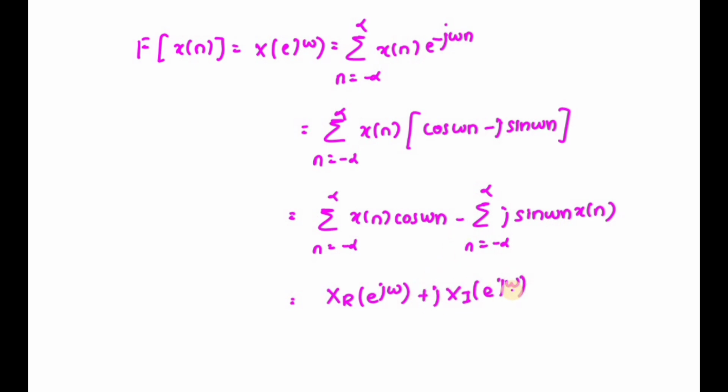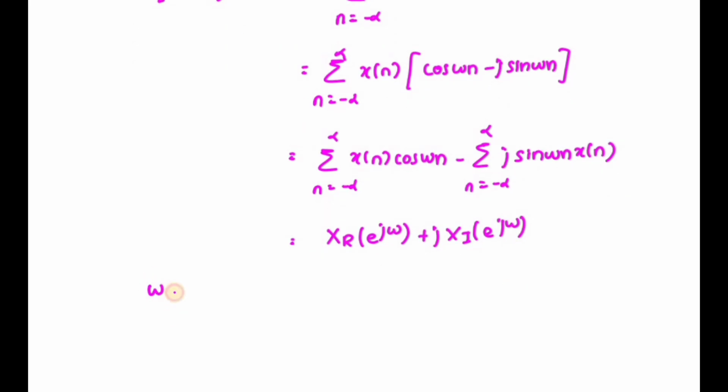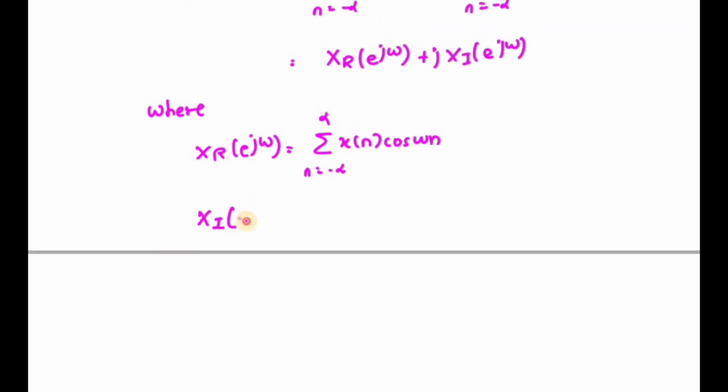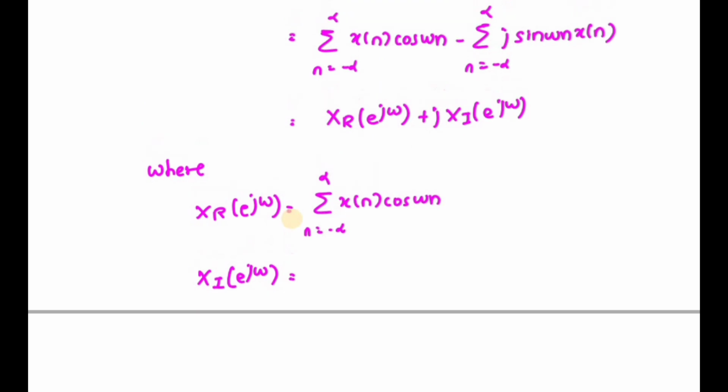Where XR of e power j omega, I can write as summation n equal to minus infinity to infinity x of n cos omega n, whereas XI of e power j omega, I can write as minus of summation n equal to minus infinity to infinity x of n sin omega n.